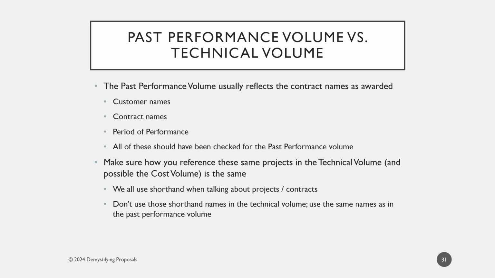You need to make sure that in the technical volume and possibly the cost volume, you use the same information that you used in the past performance volume of the contract name, at least in the first instance. If you want to use a shorthand version, then again, like you would an acronym, define the shorthand name in parentheses after the name of the project is spelled out completely the first time. Then you can use the shorthand name from there.